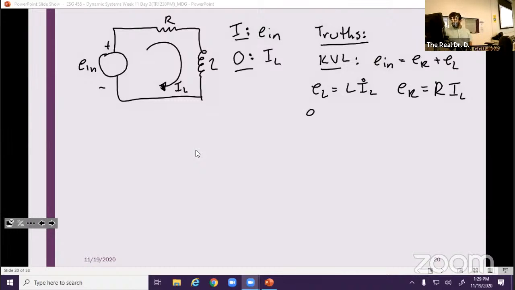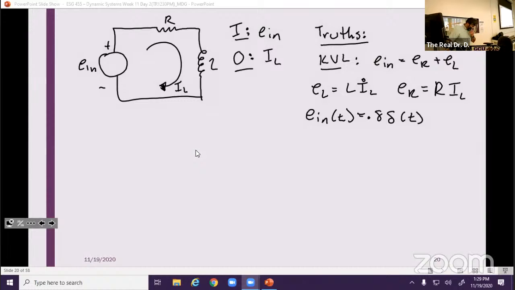We also know that E in of t was equal to 0.08 delta of t. We just went over talking about what the delta is. If you ever see the delta, that's just telling you that it's an impulse input, the unit input.